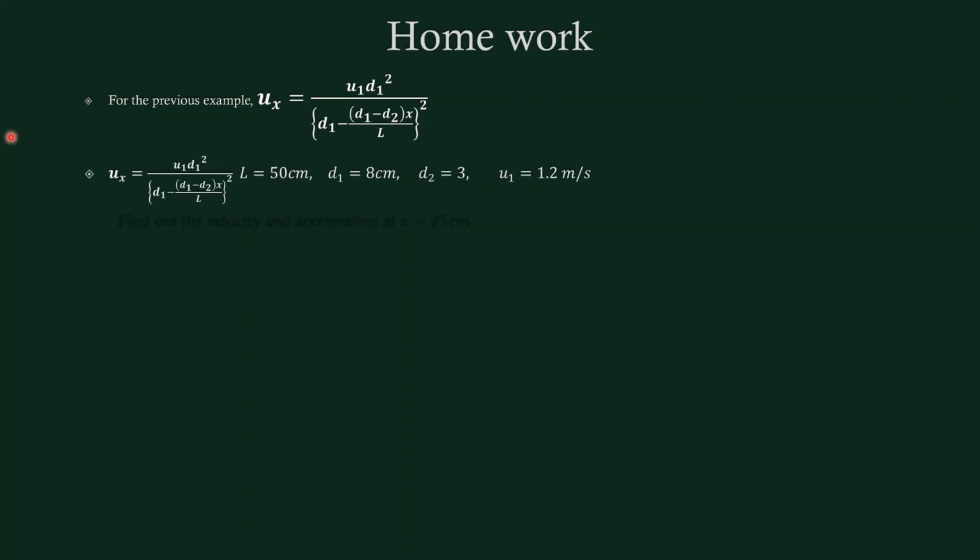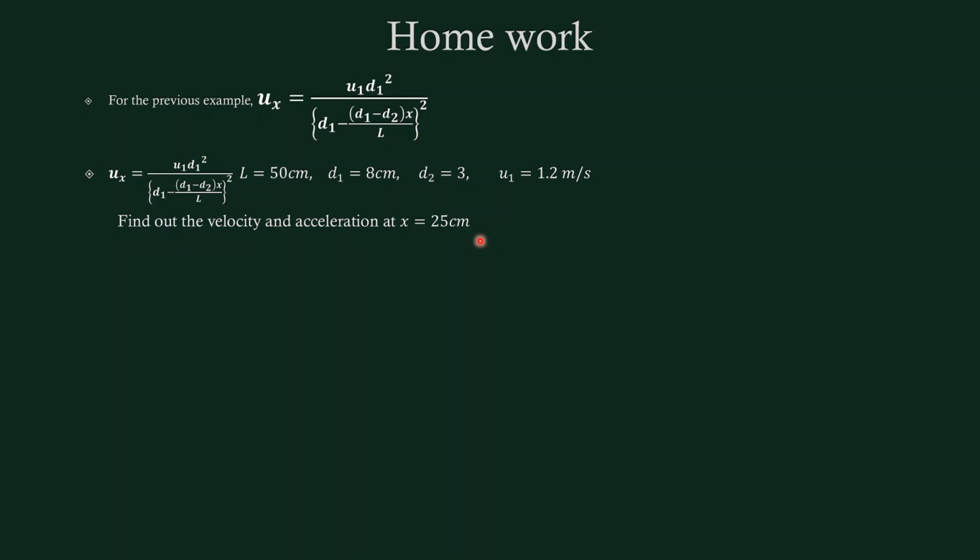That is L equals 50 centimeter, D1 equal to 8 centimeter, D2 equal to 3 centimeter, and U1 equal to 1.2 meter per second. So you just need to find out the velocity and acceleration at x equal to 25 centimeter. That you can do simply by putting the numerical values and finding a numerical answer for the problem.